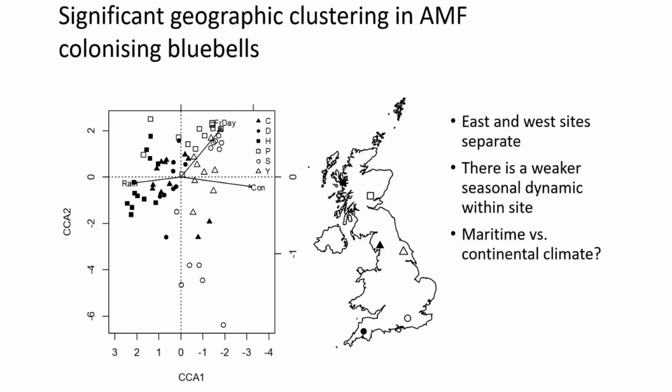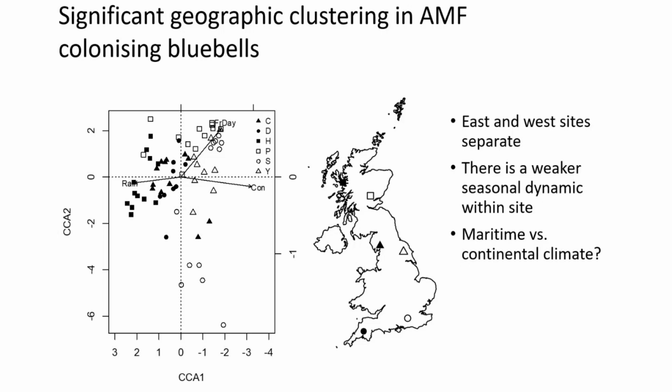And just to really visualize that more clearly, we plotted this ordination, and this is the first of several of these ordination graphs that I'm going to show you. Basically, each dot is a sample, and the closer the points are together, the more similar their communities are.